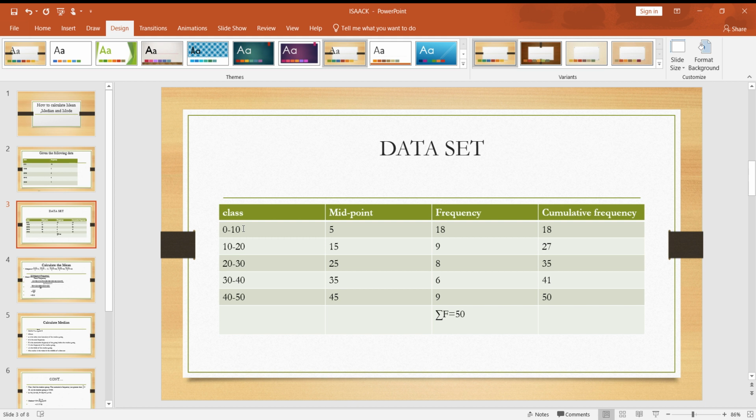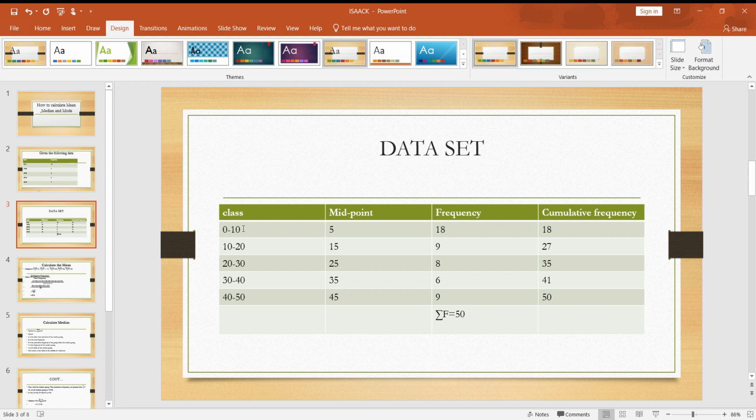The next class of 10 to 20, you just add 10 plus 20, that is 30, then you divide by 2 to give you 15. Then 20 plus 30, that is 50, then you divide by 2 to get 25.